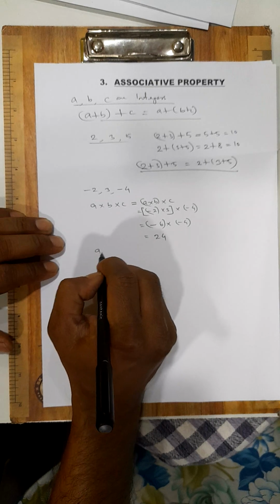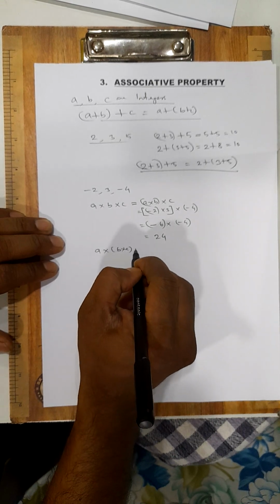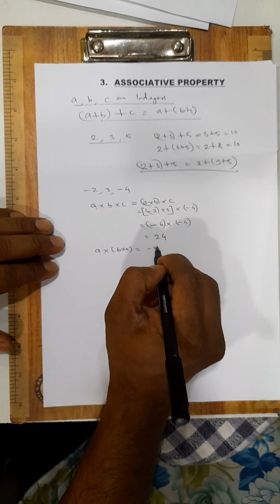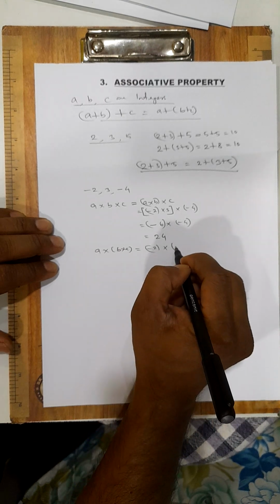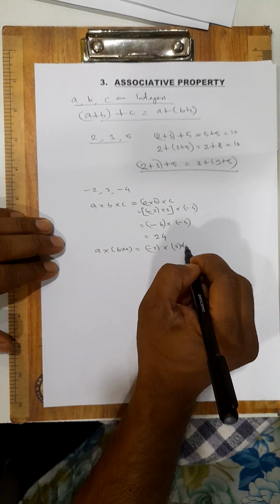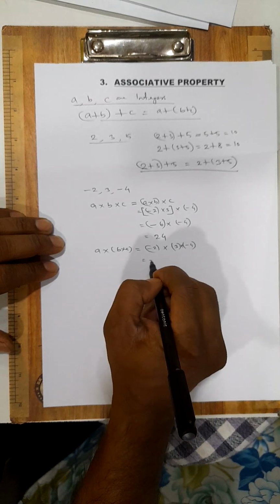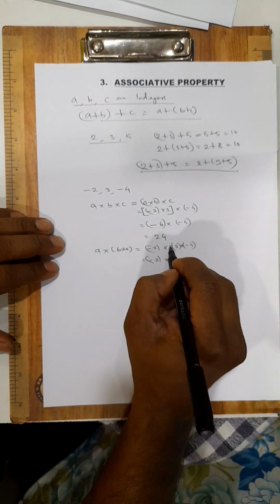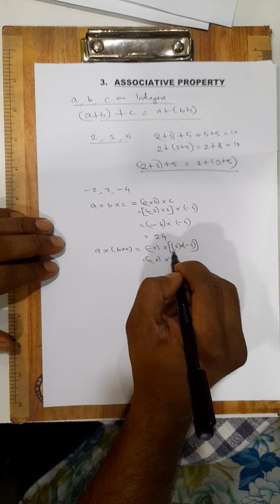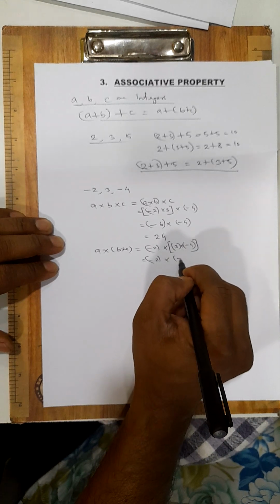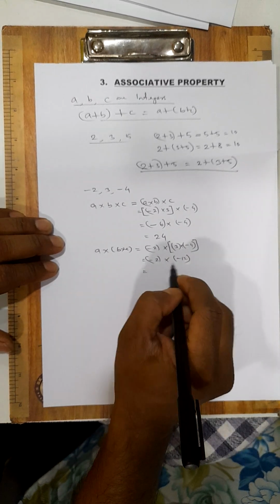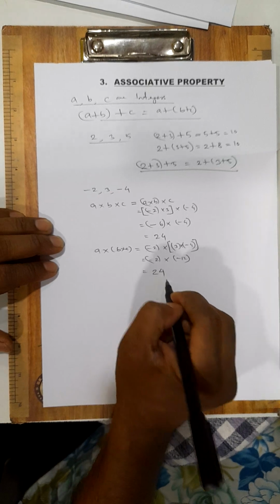Let's do it in a different way. Now a multiplied by b multiplied by c, suppose. A means minus 2, multiplied by b, 3 multiplied by minus 4. So it is minus 2 multiplied by b multiplied by c. This is minus 12. Now minus minus plus, so it is 24.